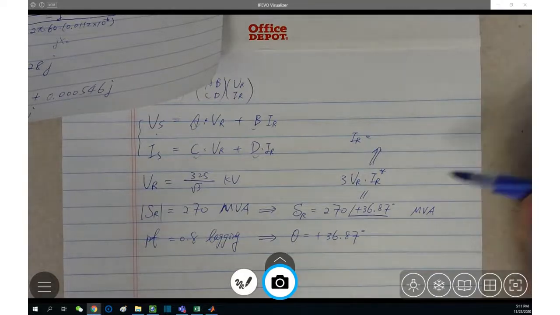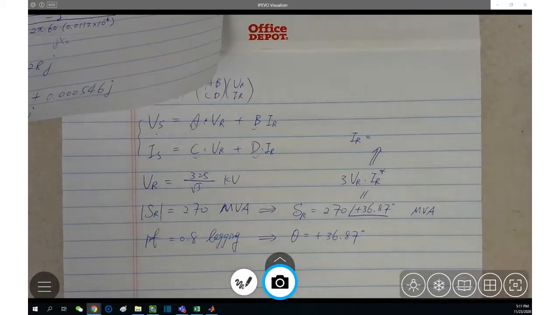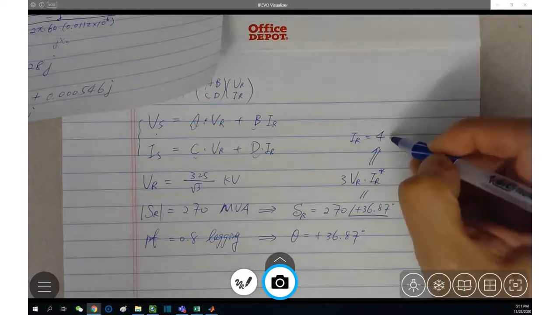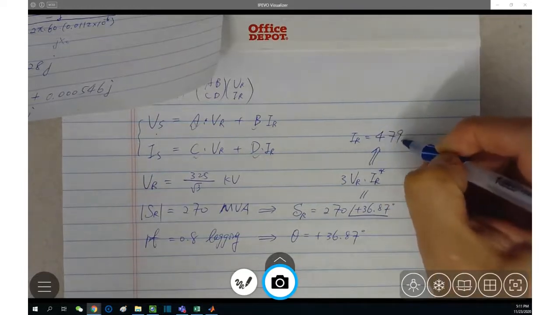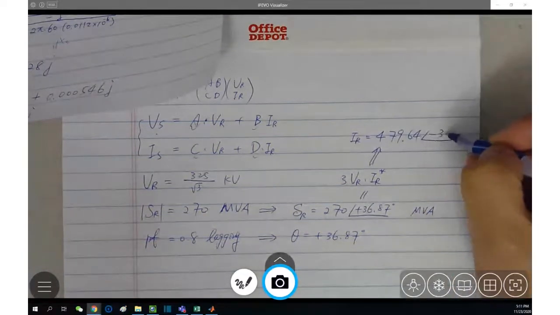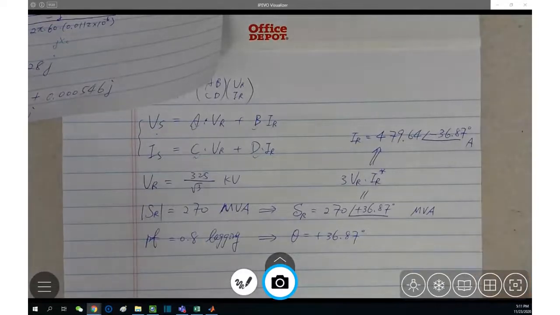So it's SR divided by 3 divided by VR, and then take the conjugate, ending up with 479.64 angle of negative 36.87 degrees amperes.